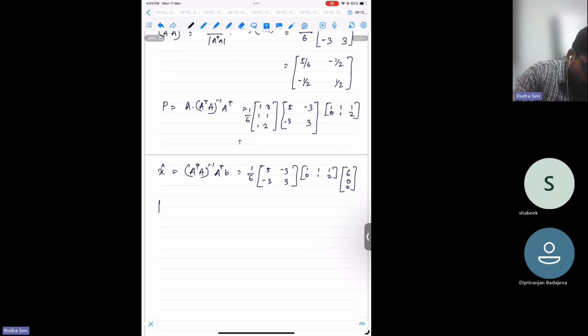And this small p is basically capital P into B. We will get the answer. So this is basically projection on a subspace.